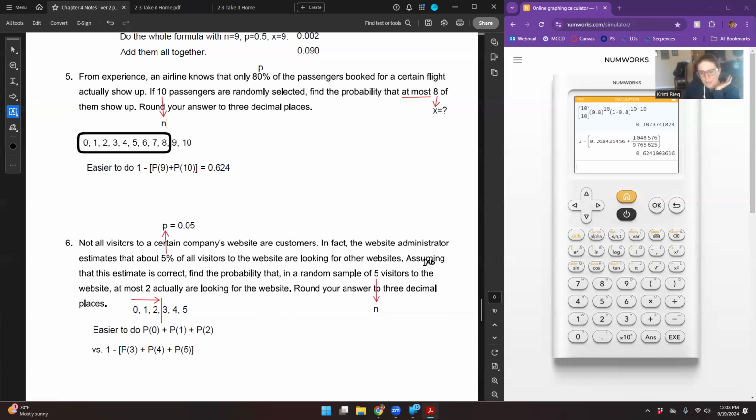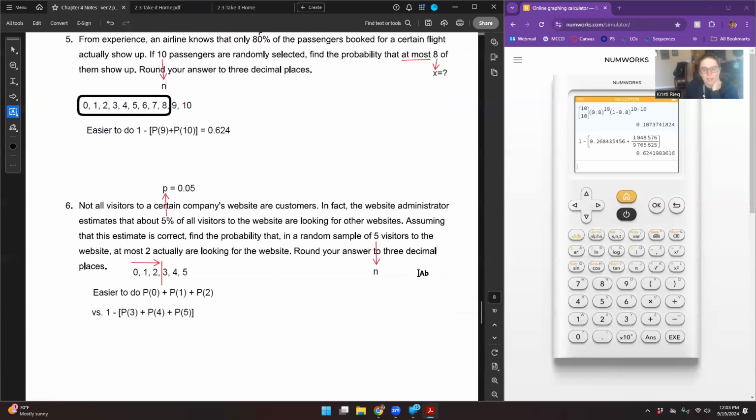Okay, so last one for this video. We have the probability of 0. Hopefully you're expert at finding all of these buttons now, n choose k and choose r.